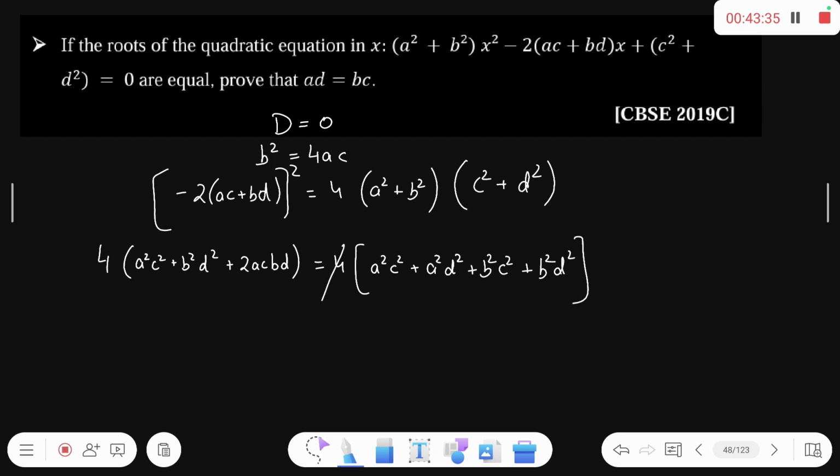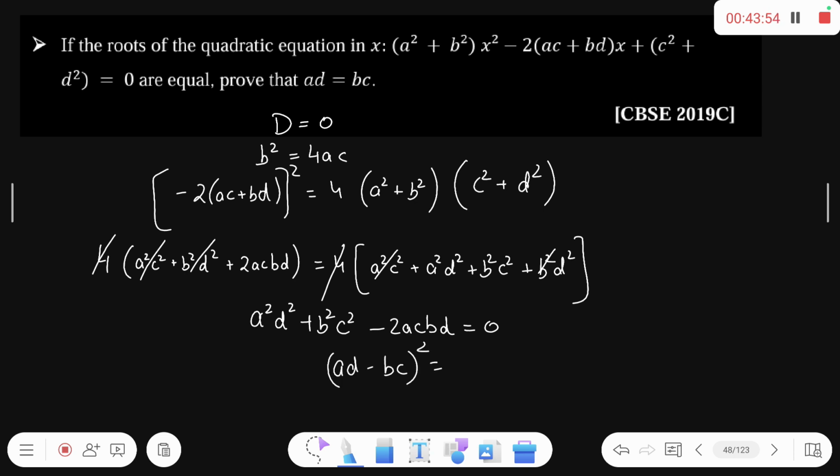Now you can cancel 4 out of 4, a square c square from a square c square and b square d square from b square d square. So it becomes a square d square plus b square c square minus 2acbd equal to 0, or ad minus bc whole square equal to 0. This implies that ad is equal to bc. Hence proved.